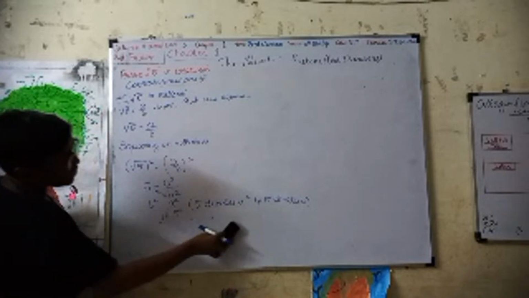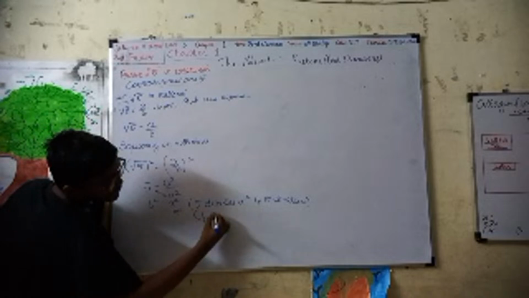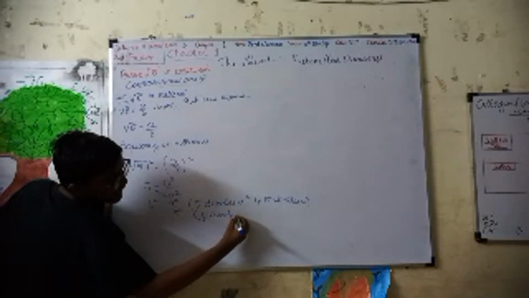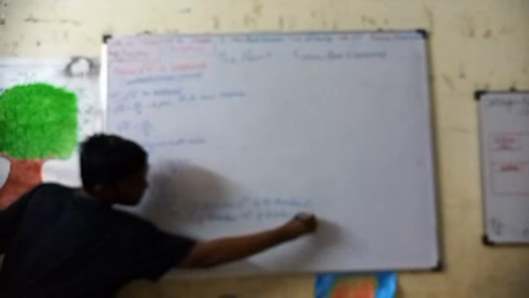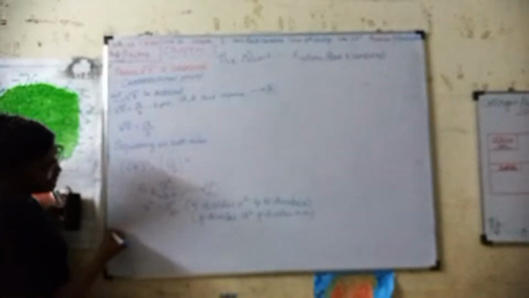If p is a prime number and p divides a square, p divides a. Next, let this be the counter statement 1, and let this be the assumed statement A. Let in this equation a equals 5c.